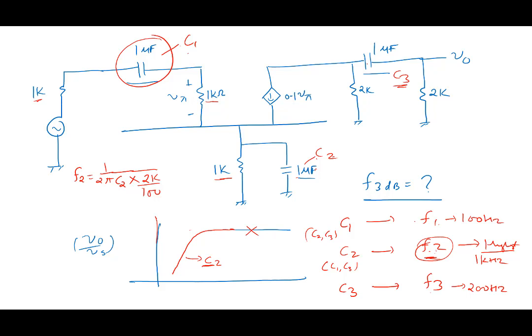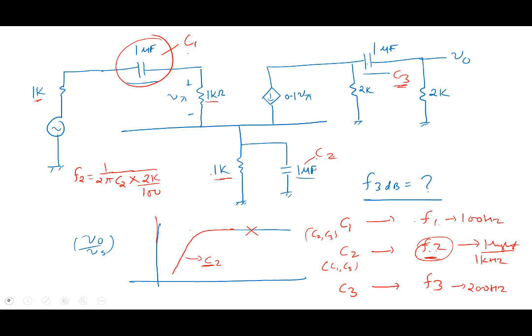Yes or no? Because 2K divided by 100 gives me 20 ohms. 20 ohms in parallel with 1K I don't need to consider, right? So my frequency would be approximately 1 over 2 pi times 20 times 10 to the power minus 6.